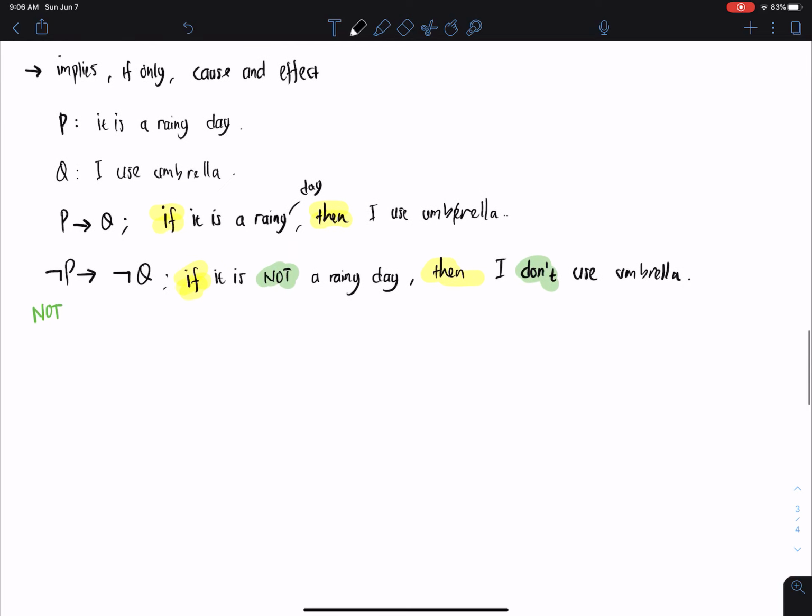But then how is the truth table for implies?